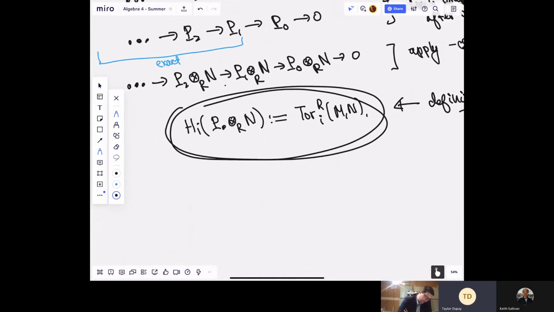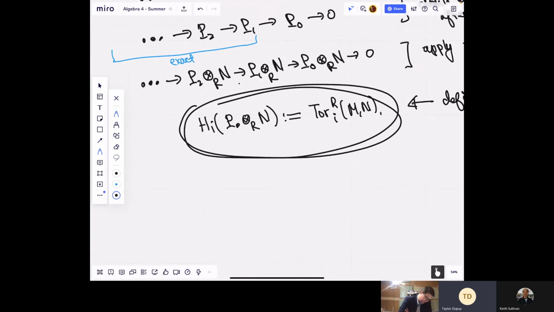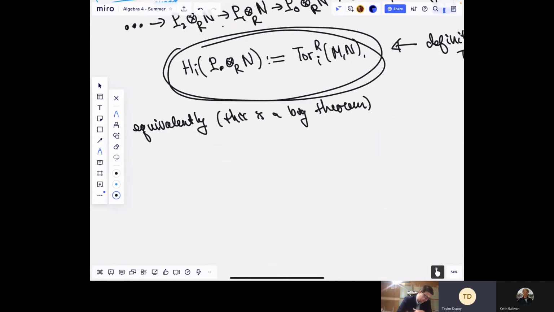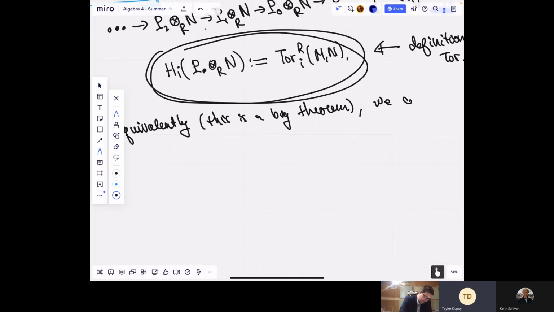Equivalently, and this is a big theorem, a homological algebra theorem, we could have done this in a different way.